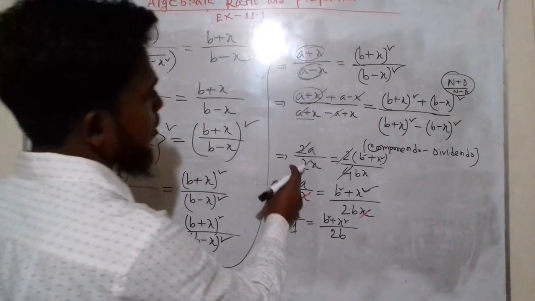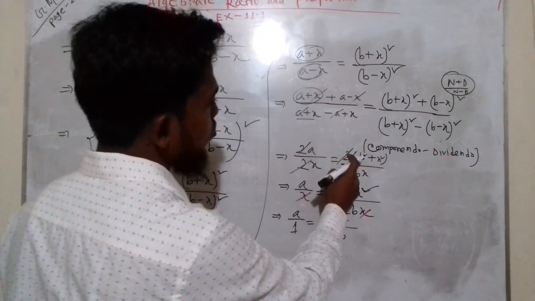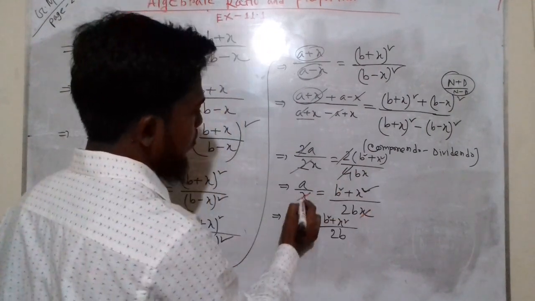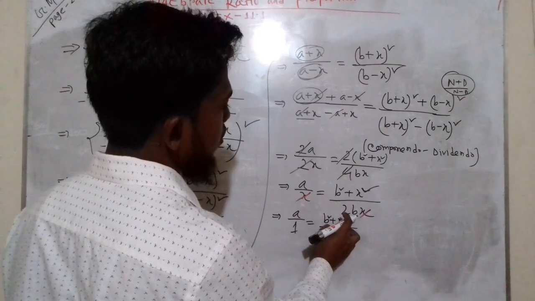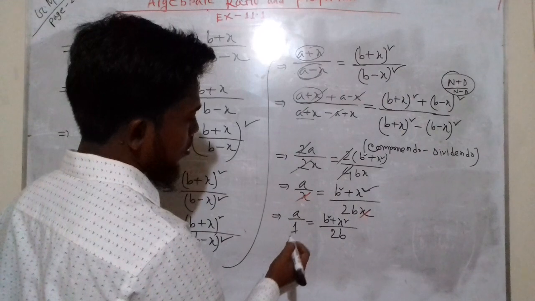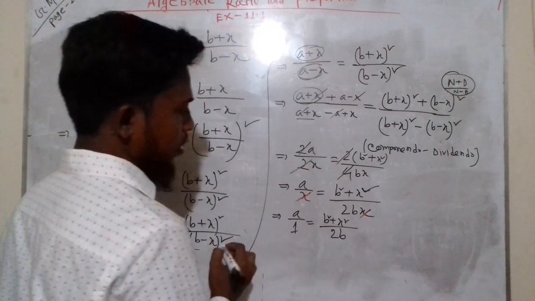Now we cancel a by a and now we cancel 2 by 2 equal to 4 upon 2, that is 2, so a by x equal to b square plus x square divided by 2 into bx, and cancel x and x, so we can write a by 1 equal to b square plus x square divided by 2a.